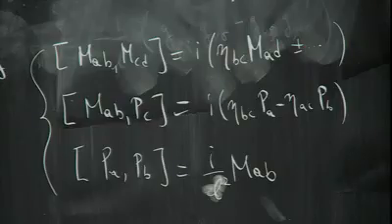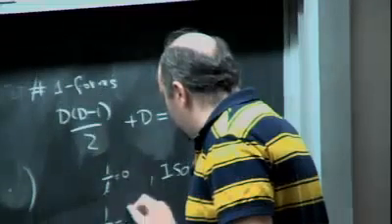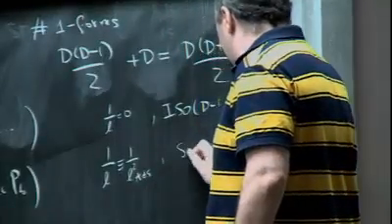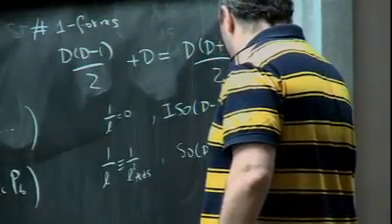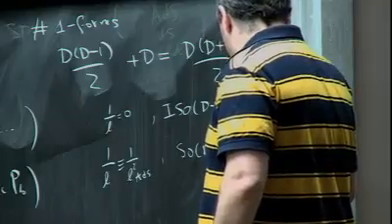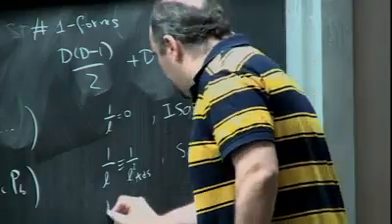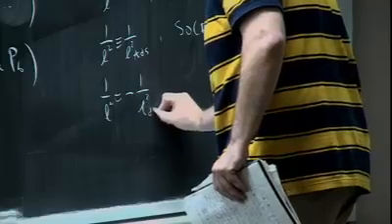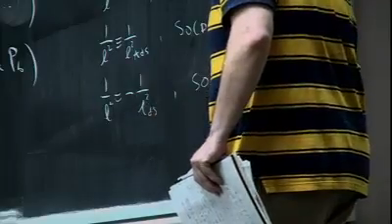If 1 over L is 0, that's just the Poincare algebra. If it is 1 over L squared AdS, that's the AdS algebra. And if it is minus 1 over L squared dS, that's the dS algebra.